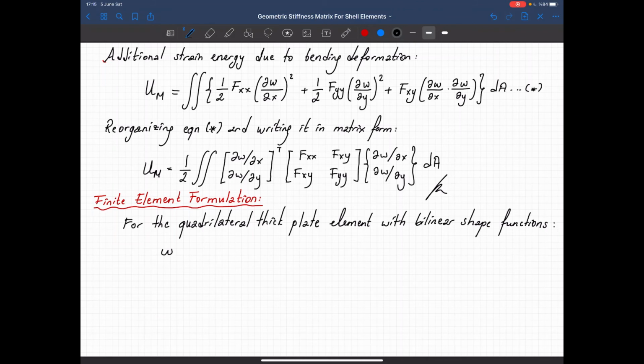Now W, remember that we were using the bilinear shape functions, sum over i equal to 1 to 4 of Ni Wi. This is the transverse displacement interpolation.